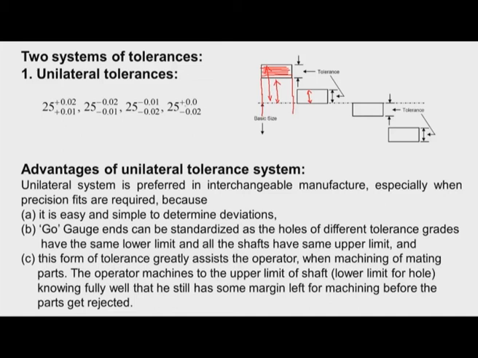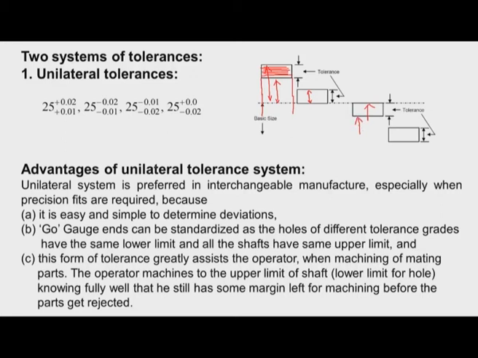Another example: if we take this as the hole, the upper size of the hole is 25, and the lower limit becomes 25 minus 0.02 mm. So this is the lower size of the hole.